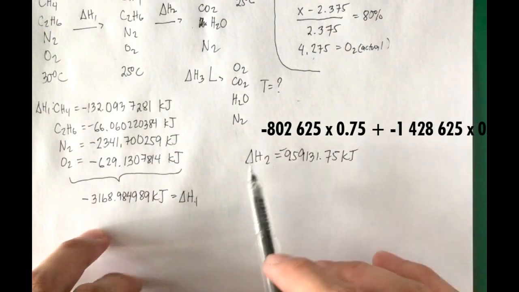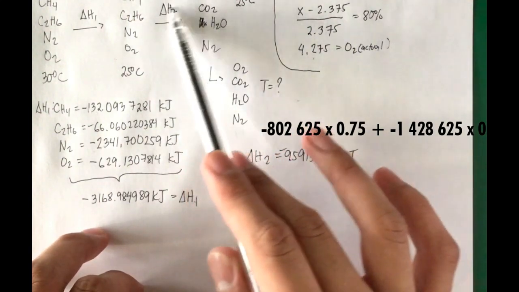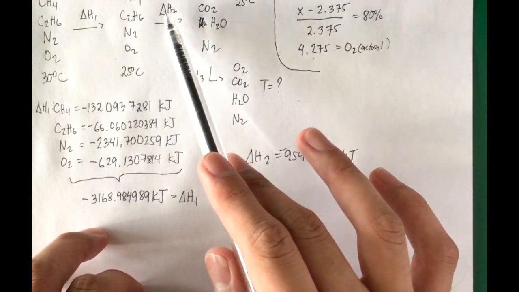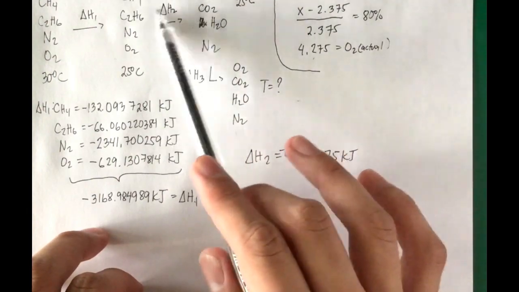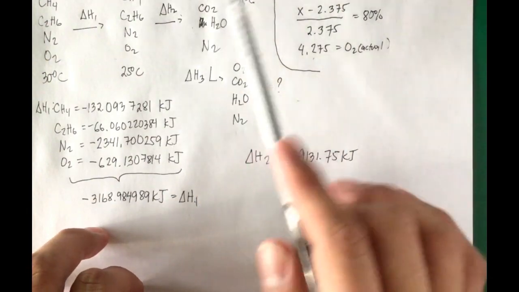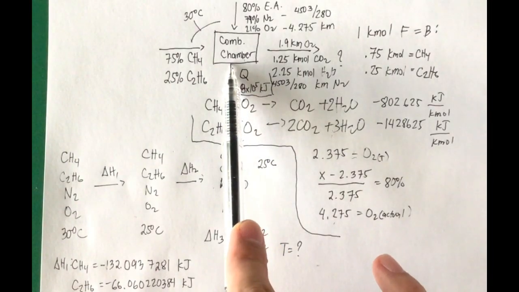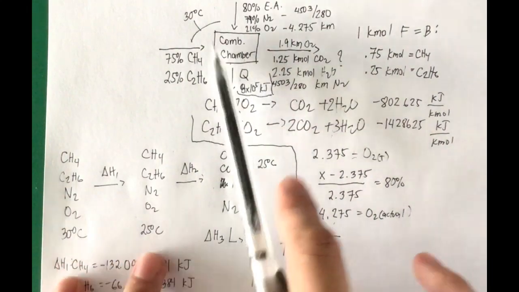Now, we're already in the part where the reaction has already happened. So what we know is that after the reaction has happened, some part of the heat that was released will go out of the chamber.